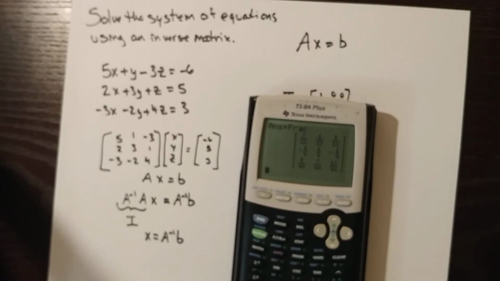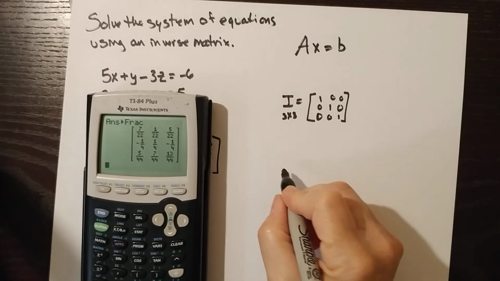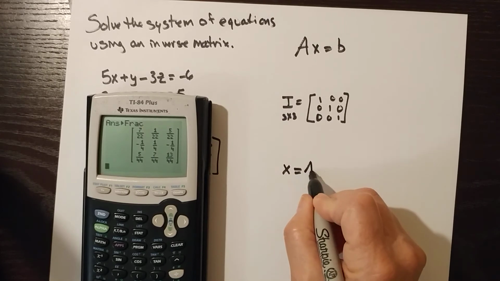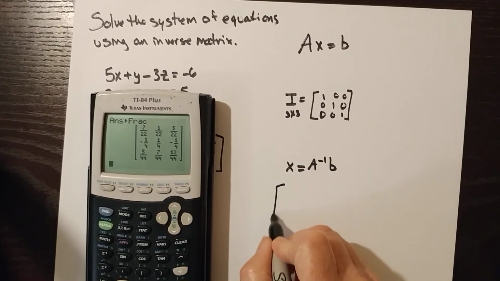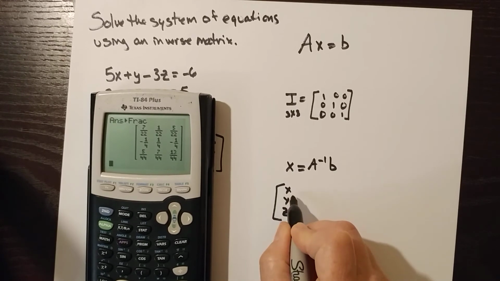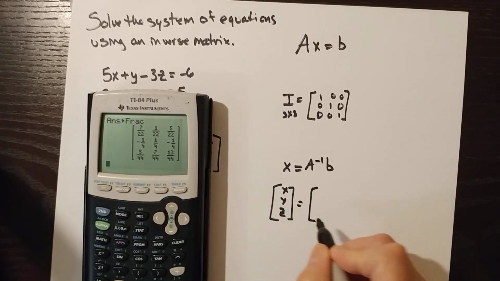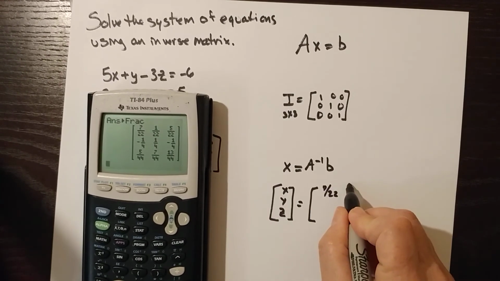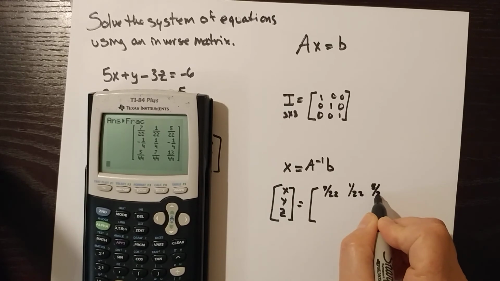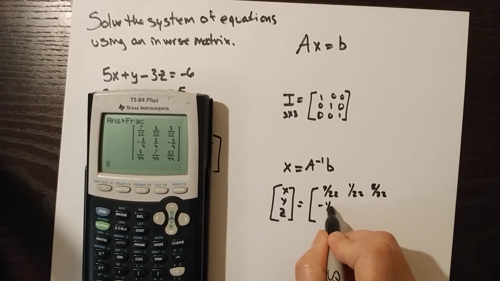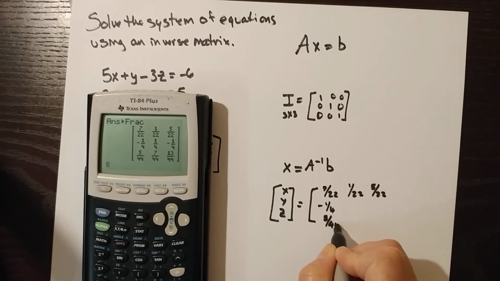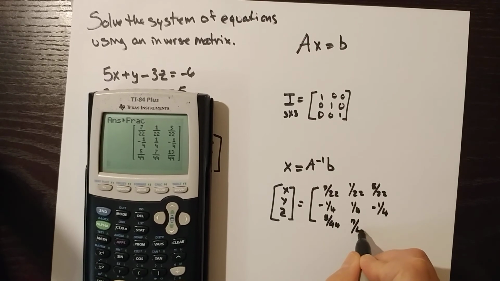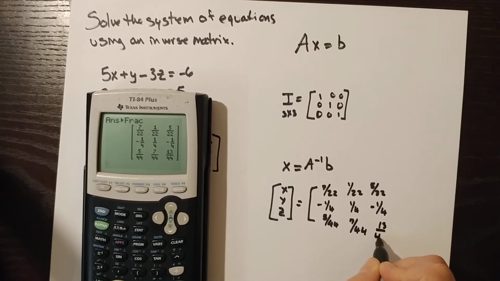So this is what you will need to write down, that X, the solution, x, y, z, is equal to A inverse B. So it's going to look like this. x, y, z is equal to A inverse times B, and this will be 1 over 22, 5 over 22, negative 1 over 4, 5 over 44, 1 over 4, negative 1 over 4, 7 over 44, 13 over 44.